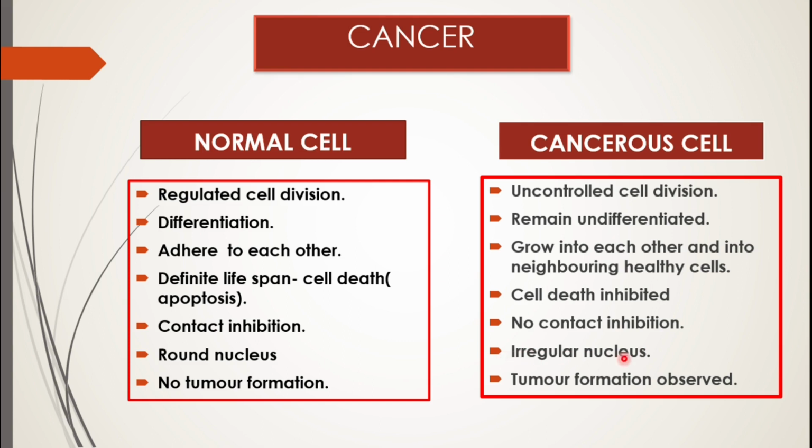The nucleus in the case of a cancerous cell is not rounded, but irregular. And these cells, due to uncontrolled cell division, we always find that there is tumor formation as far as cancerous cells are concerned. So this is the difference between a normal cell and a cancerous cell.